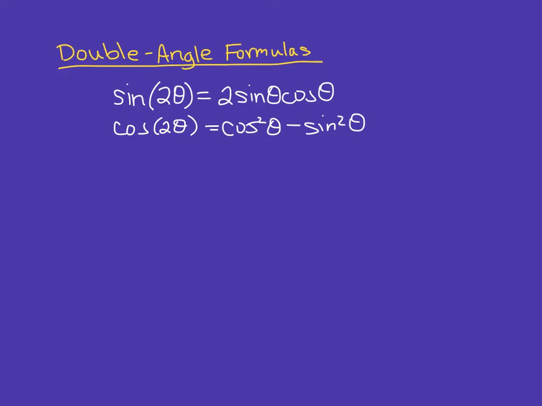And actually, the second one with cosine, you can rewrite it. We know that sine squared theta plus cosine squared theta is equal to 1.